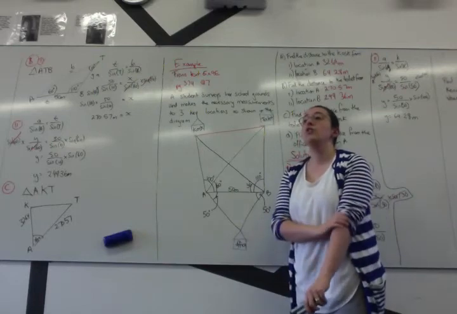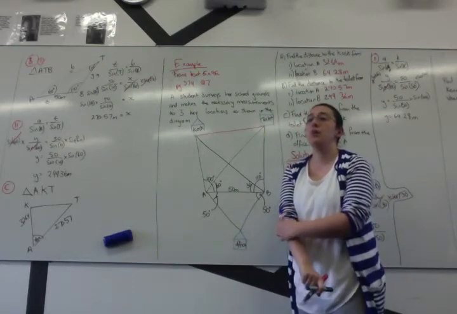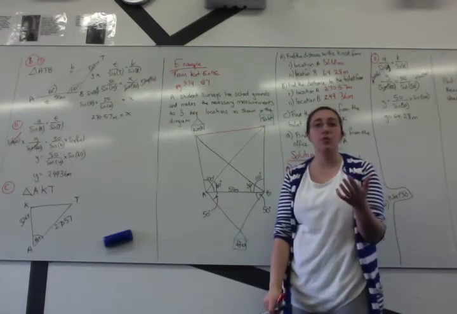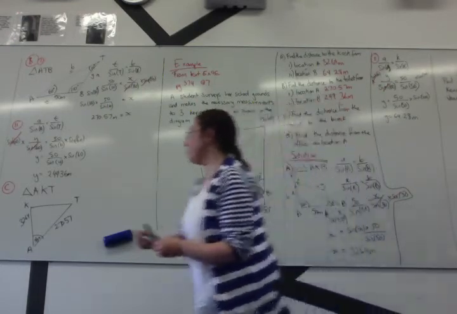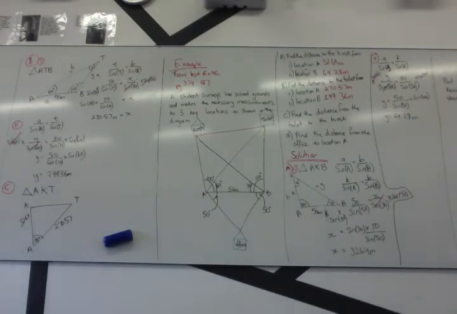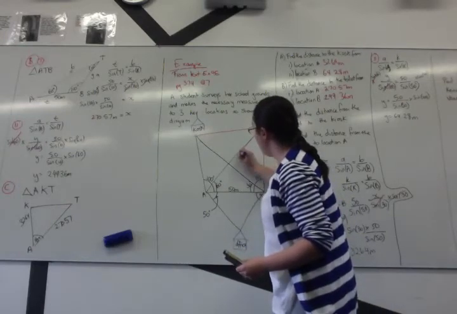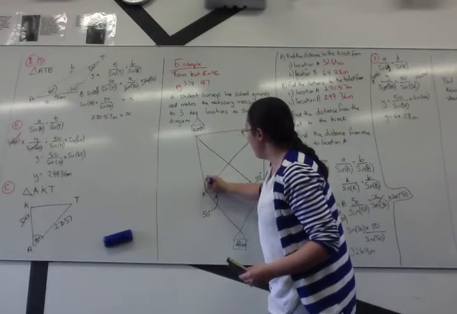Now, just to confirm what's just happened, I'll use a blue marker so it stands out. We are now looking at here. This is the triangle that we are using.